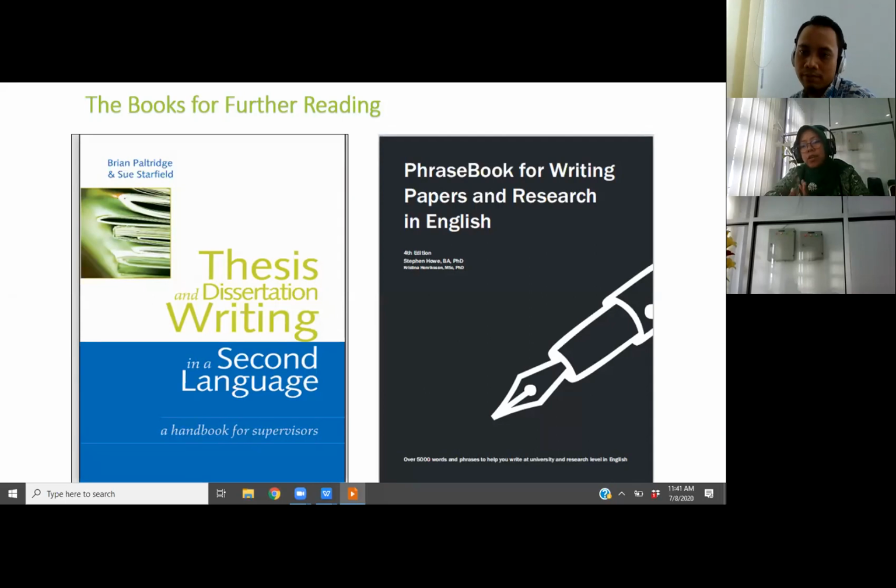This black one on the right of my computer is one of the books that is very useful that you need to have. So you can have language or your sentences will be more sophisticated, more academic.